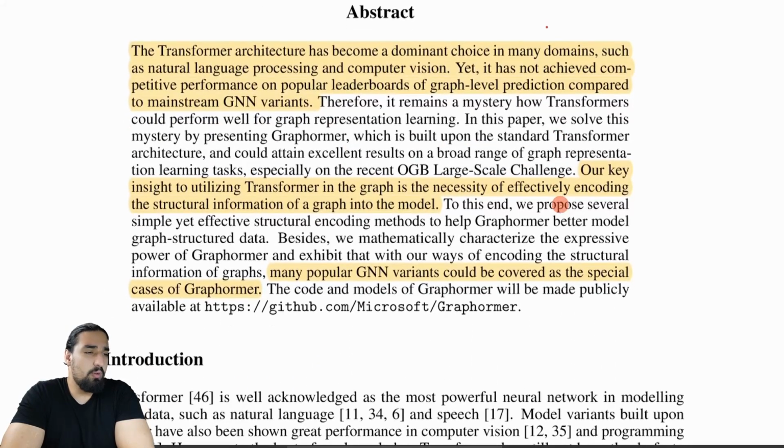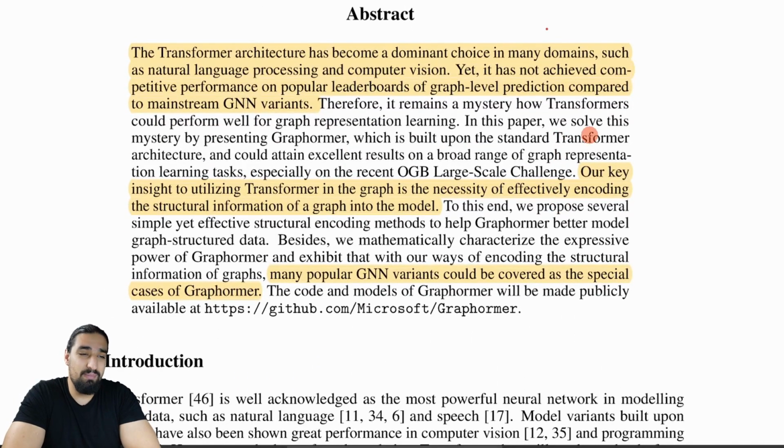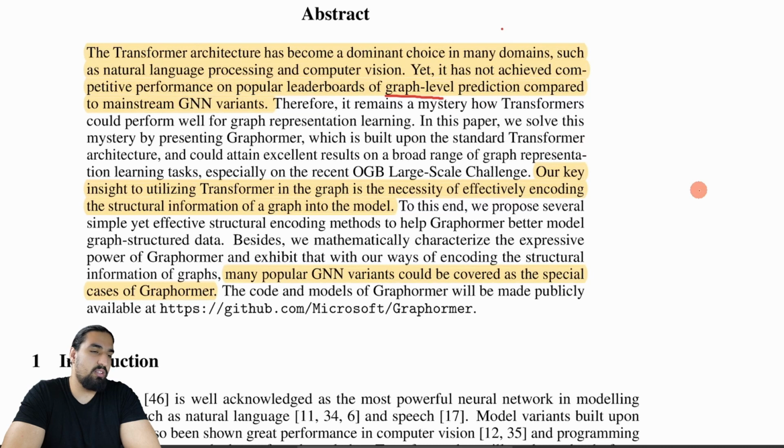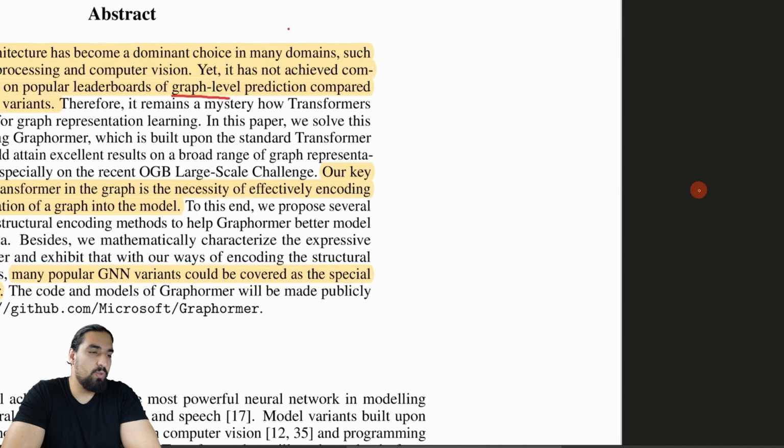The transformer architecture has become a dominant choice in many domains, such as natural language processing and computer vision. Yet it has not achieved competitive performance on popular leaderboards of graph-level prediction compared to mainstream GNN variants. Just as a small digression, here is what graph level means.